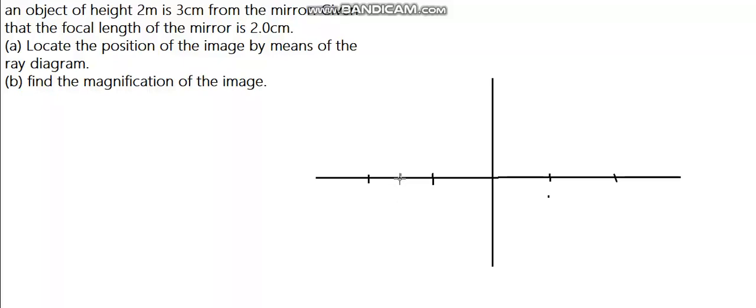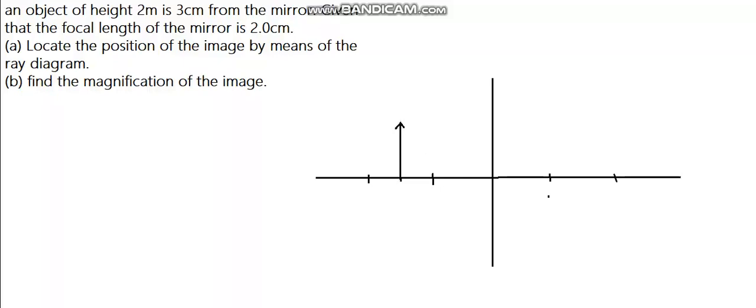I'm going to show this object by an arrow. Now the height of the object is 2 meters. It was supposed to be 2 centimeters, sorry. So I'll say 2 centimeters is the height of the object.